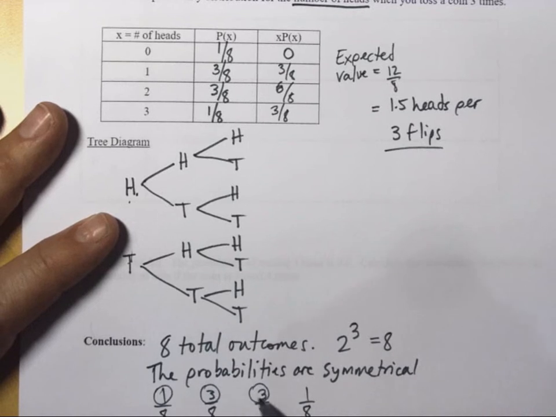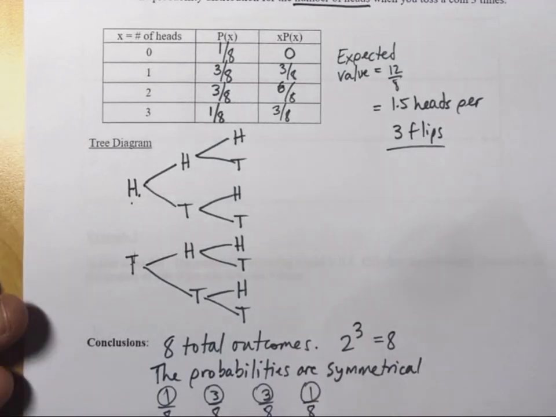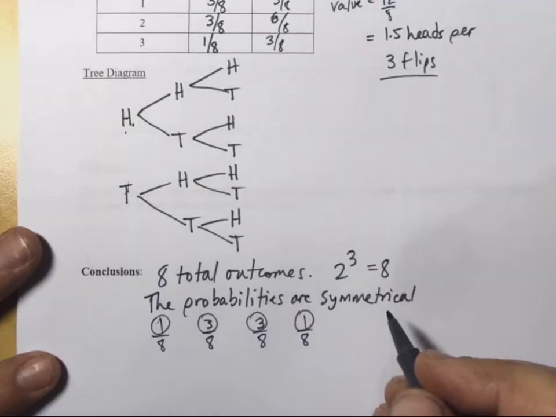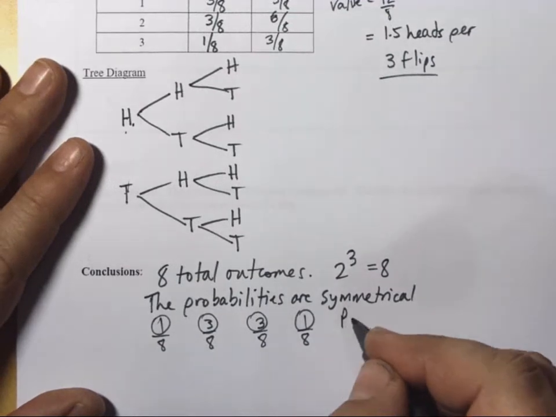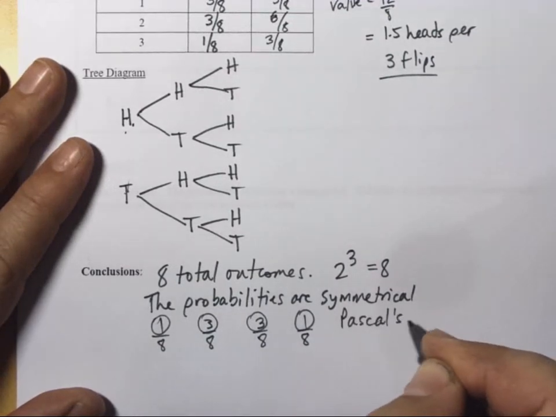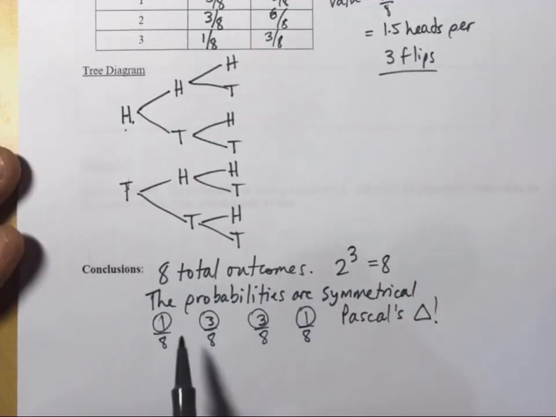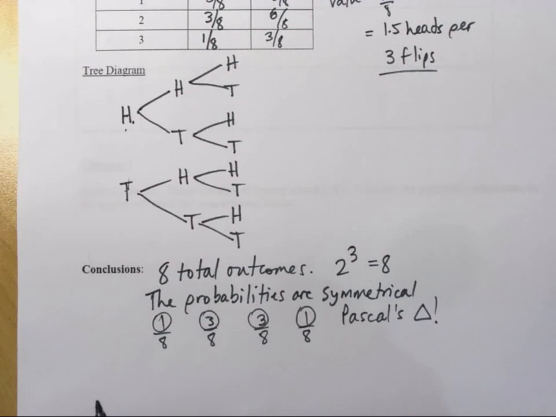Looking at those numerators, what do you see? Yep, you can't get away from him. It is Pascal's triangle, for sure. 1, 3, 3, 1 happens to come from the third row of Pascal's triangle. Interesting. Well, we might now have a faster way of calculating these probabilities, if we know that we can use Pascal's triangle to generate the numerators. Very good.